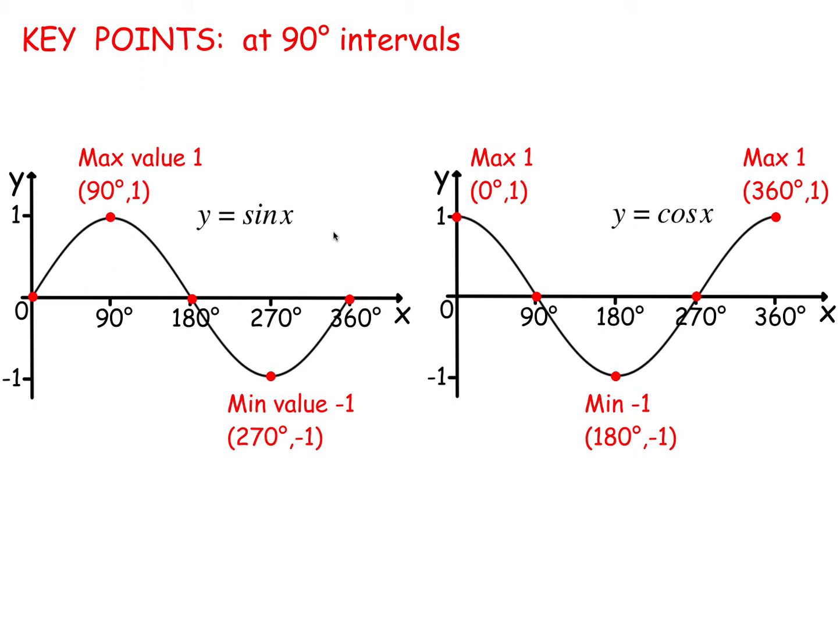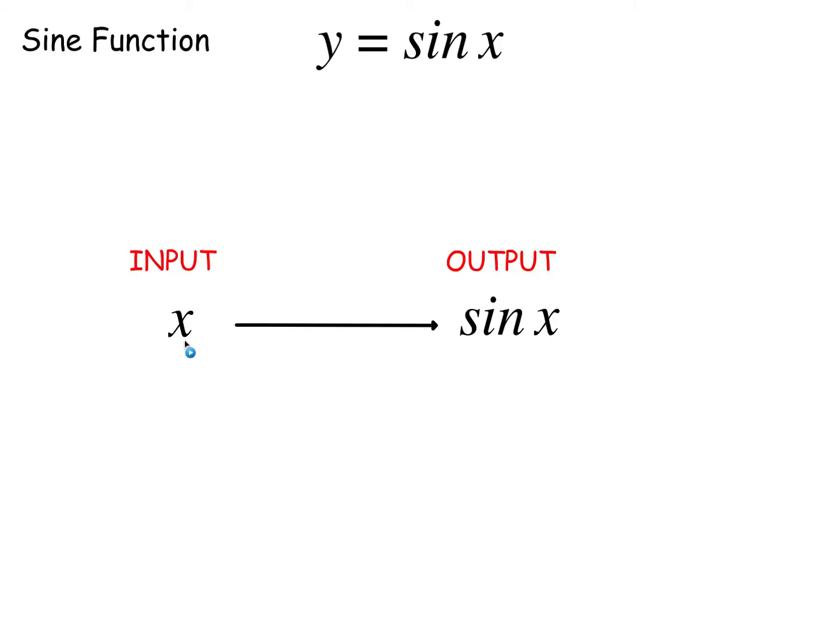In the second video, there were two transformations. One was where you changed the x coordinate, the input to the function, and the other where you changed sine x, the output. So these graphs have to be memorised, these key positions. A function has an input, you input an angle, out comes a value, which is opposite over hypotenuse.